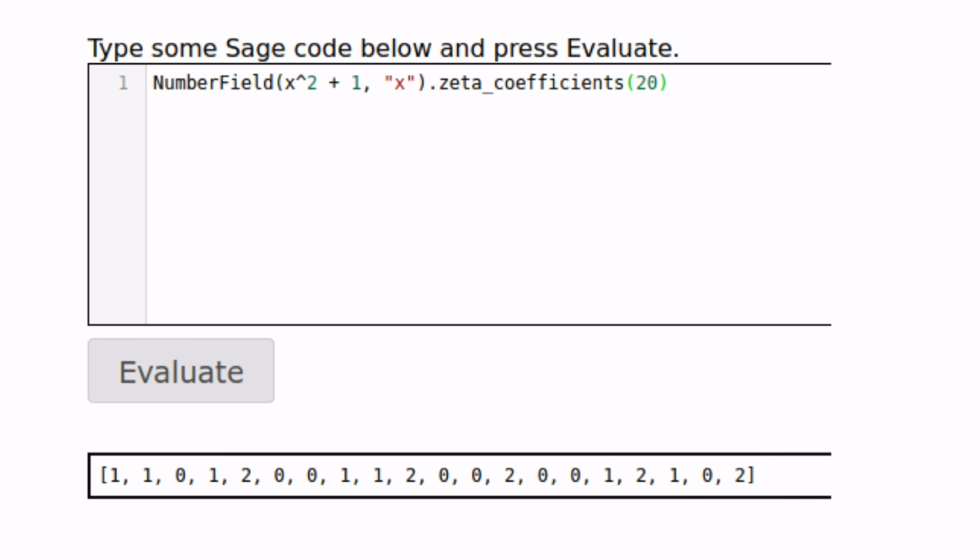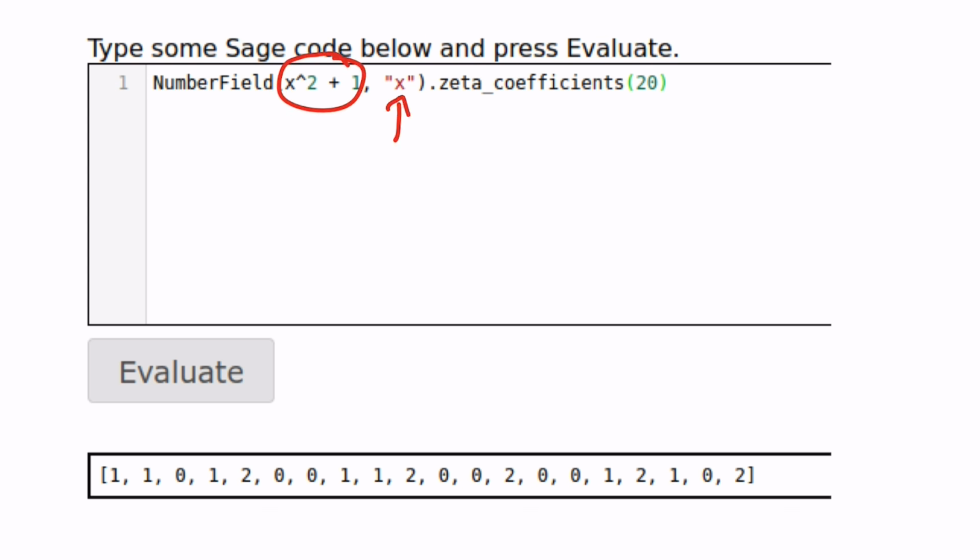Just install Sage for free or go to the SageCell website. For the first equation, just type this one line of code. The equation, you can sort of see here. Here it says what the variable is.